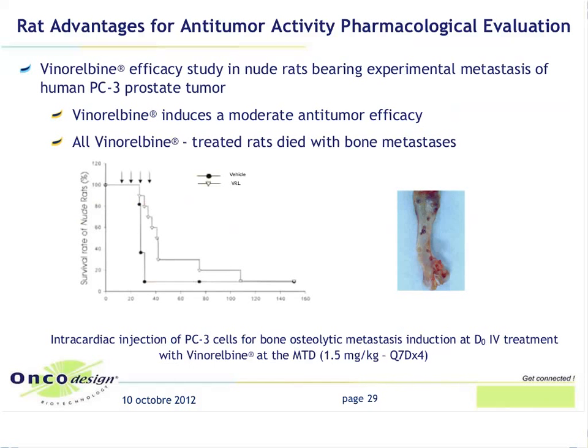In contrast to the previous slide, in which an anti-tumor activity was observed in nude rats bearing subcutaneous tumors, in bone metastases-induced nude rats, and this induction was performed after injection of a human cell line by intracardiac route, vinorelbine induced only a moderate anti-tumor activity. And finally, all rats died with bone metastases. These results correlate with the clinical situation.